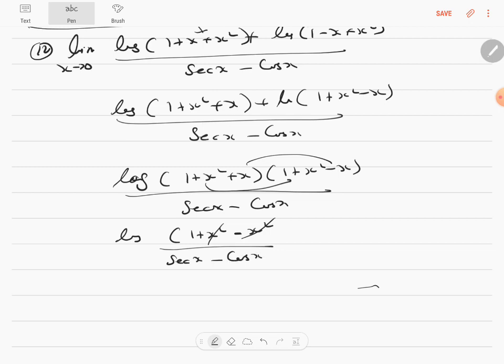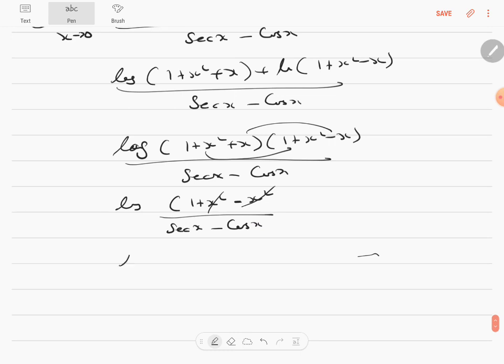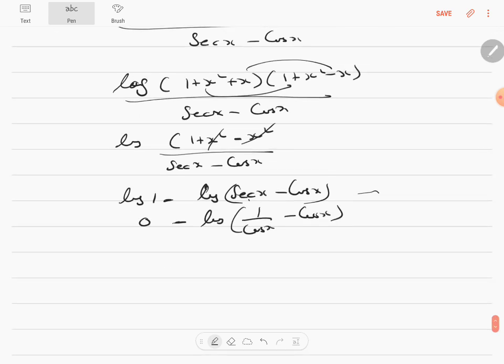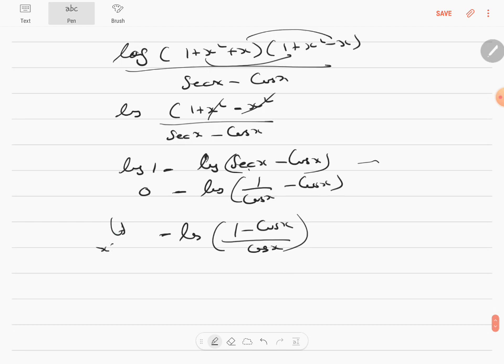This is like log of a by b, so it's log 1 minus log of secant x minus cos x. Log 1 itself is 0, minus log of 1 by cos x minus cos x, which is minus log of 1 minus cos x by cos x, and limit x tends to 0.